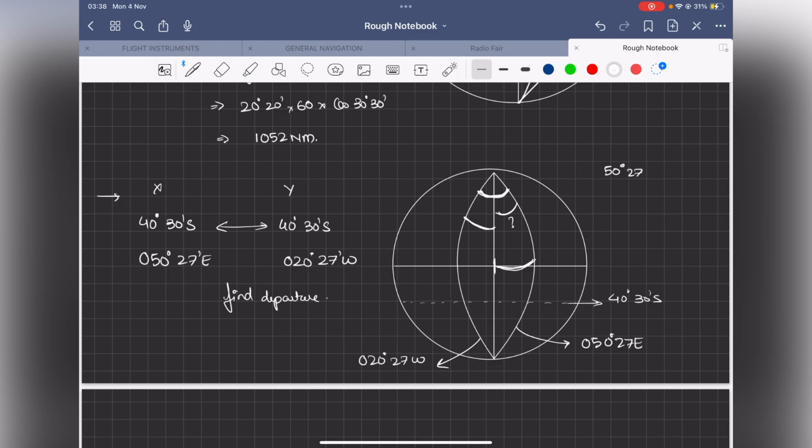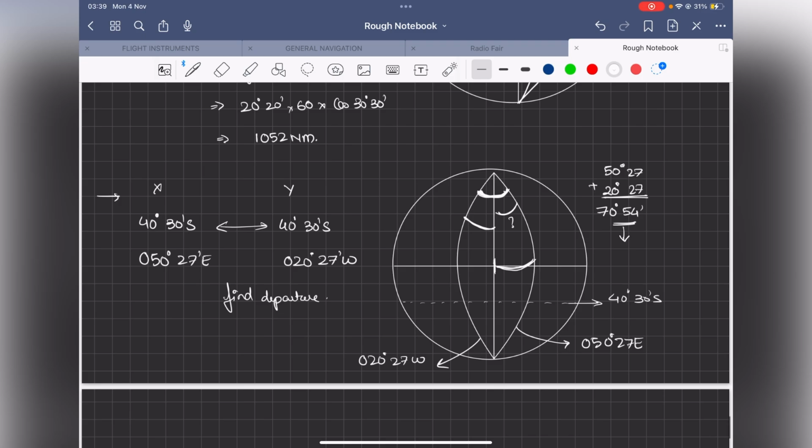Similarly, it would be 20 degrees 27 minutes. I just need to add them to find the angular difference between them. It's just the absolute value of this angle. So, in my case, I would get that to be 70 degrees 54 minutes, right?